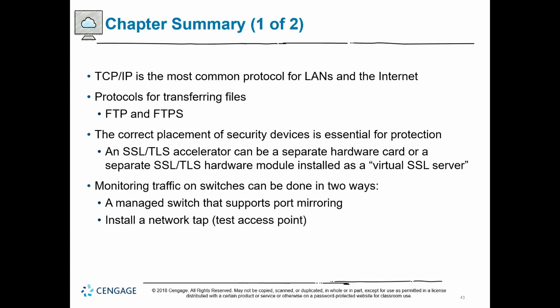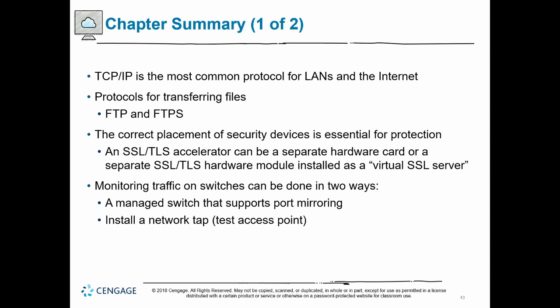The correct placement of security devices is essential for protection. You use SSL/TLS accelerators, which can be a separate hardware card or separate hardware module, or installed as a virtual SSL server.